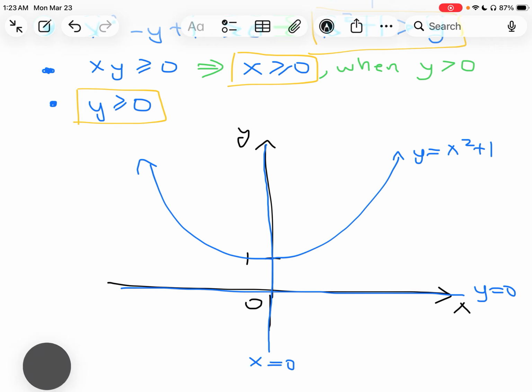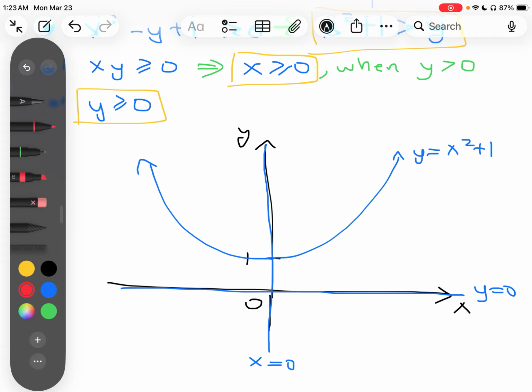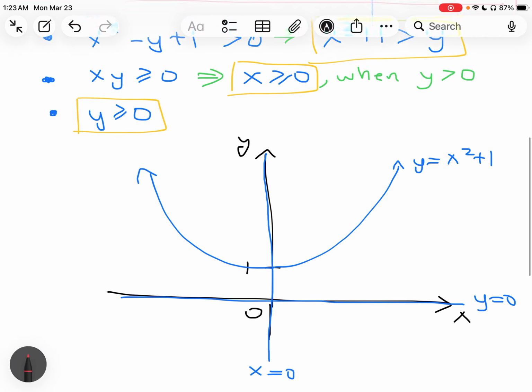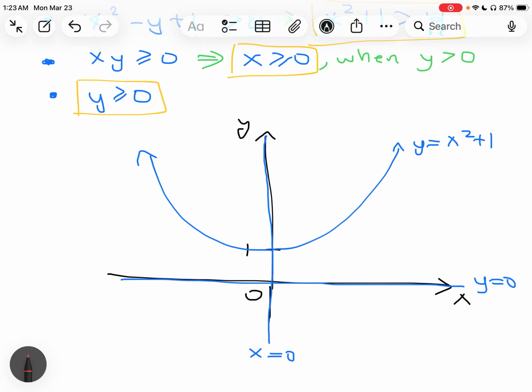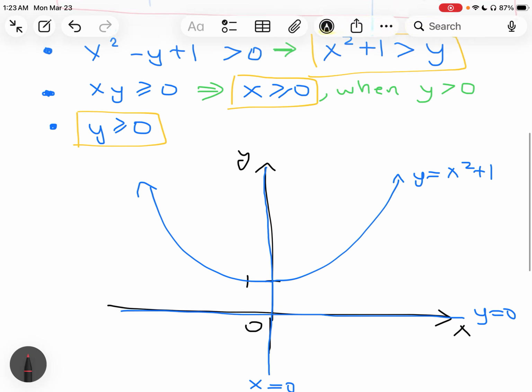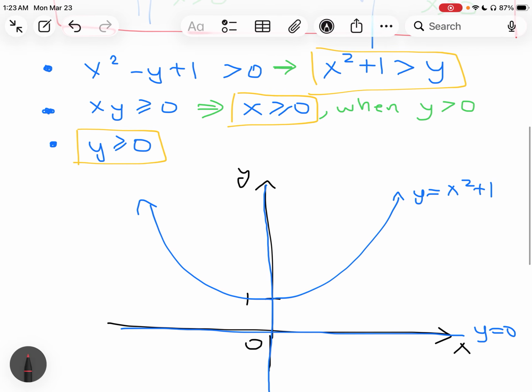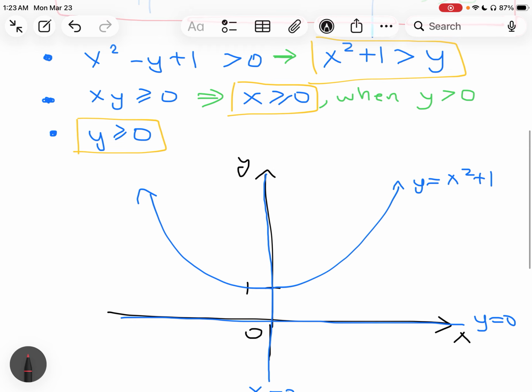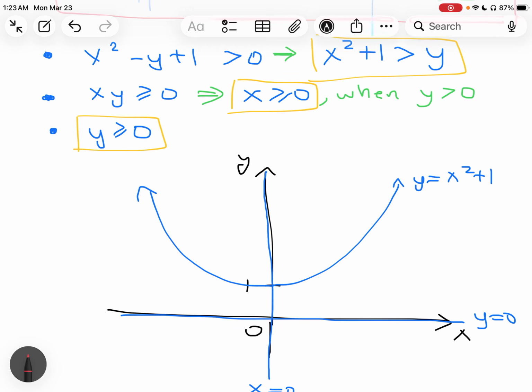We want to find out where all the conditions hold. Here y is greater than or equal to 0, so it's anywhere above this line.